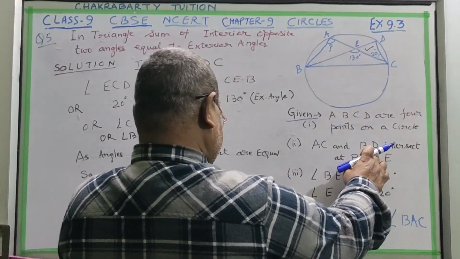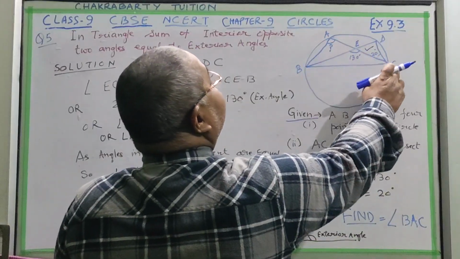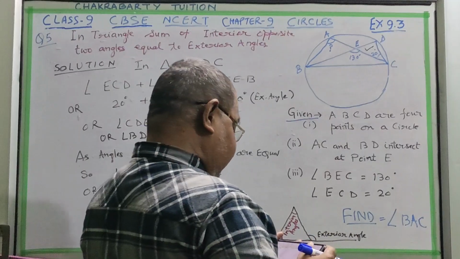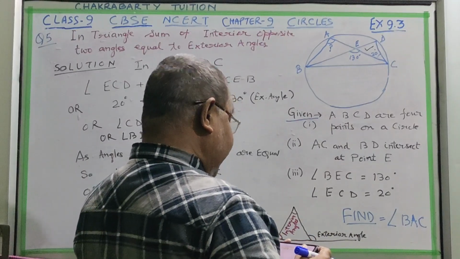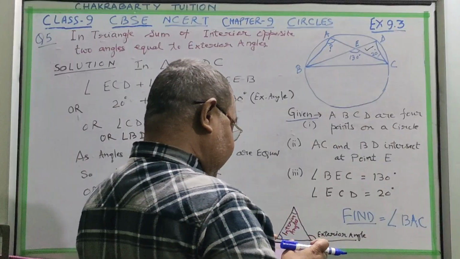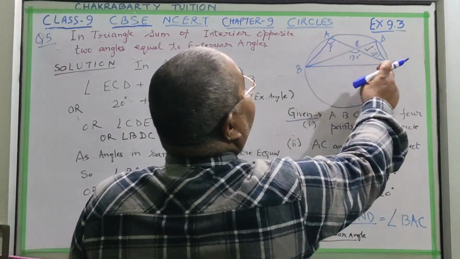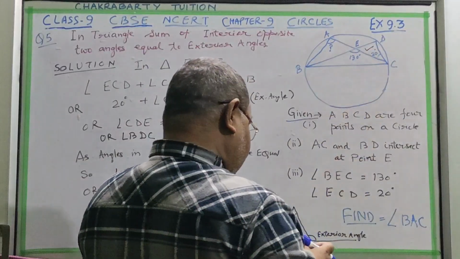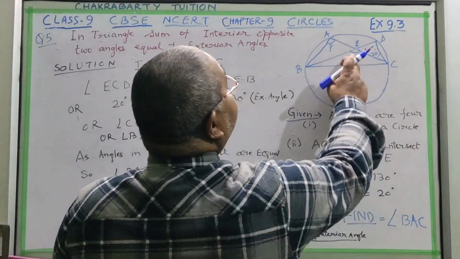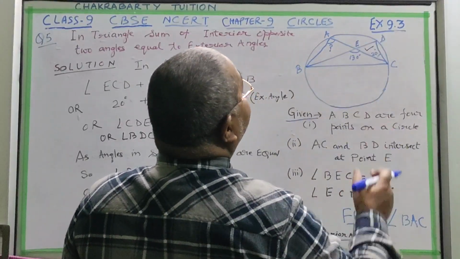AC and BD intersect at point E. This AC line and this BD line intersect at point E, such that angle BEC is equal to 130 degrees, and angle ECD, or ACD, is equal to 20 degrees. Find angle BAC. So ECD you can also write as ACD, whatever.